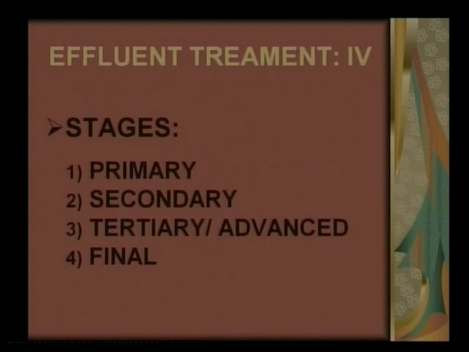In the secondary stage of treatment, which is actually a biological process, we make use of aerobic and anaerobic processes to degrade the organic waste content present in the effluent. For this biological treatment, we can make use of filtration, and you will be aware that trickling filters are used, where there are sand beds on which the effluent is trickled slowly.